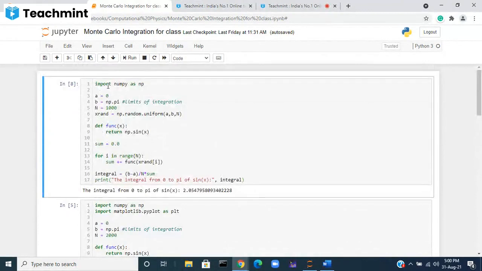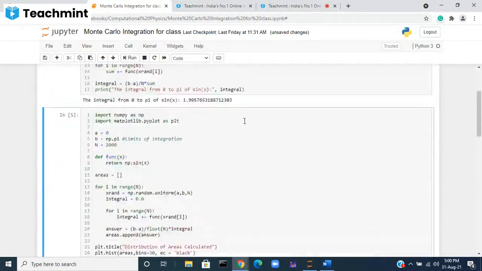In the Monte Carlo method, when we increase the number of points, the value we get should become more and more accurate. If I increase the number of points to 10,000, I should get an answer more accurate than this. Let me run it now.